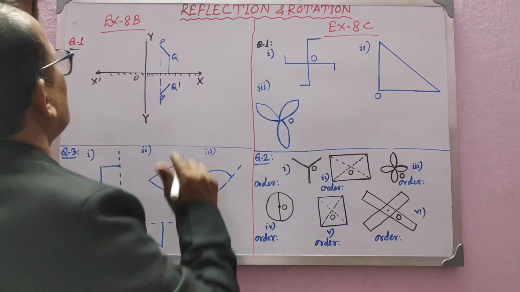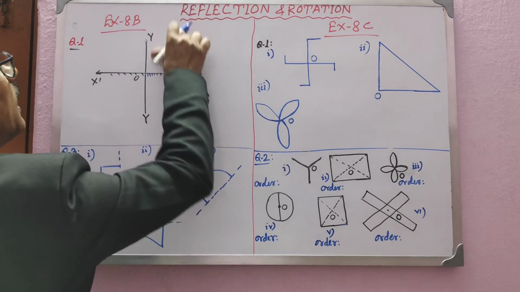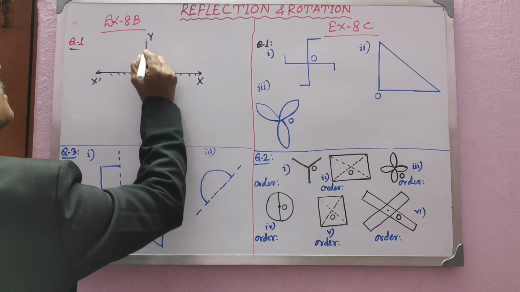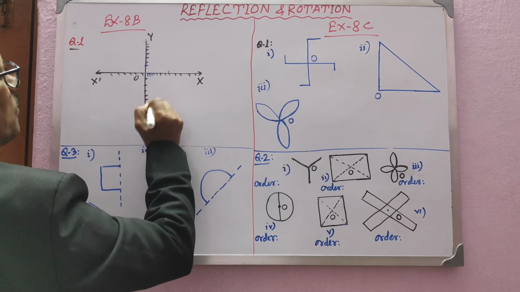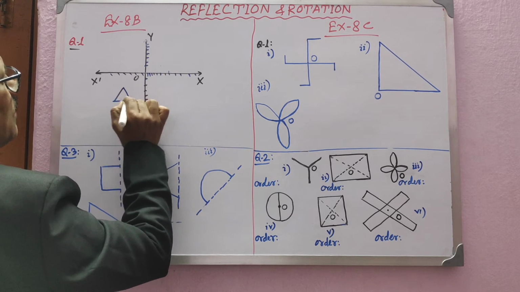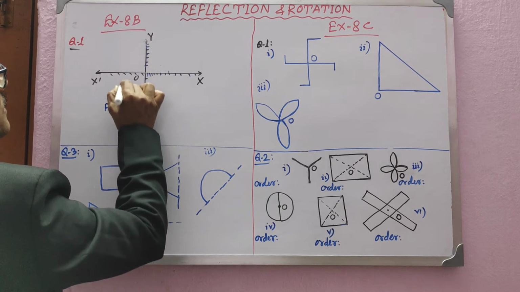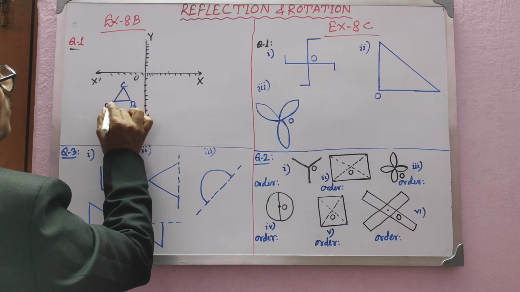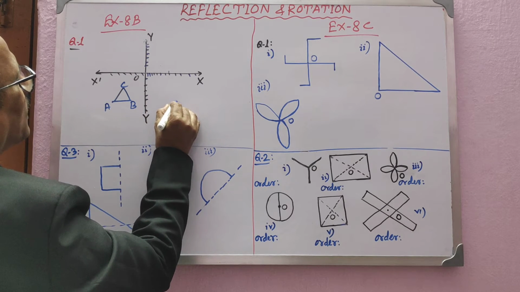Similarly, suppose you are going to do a y-axis reflection on a triangle. Let the y-axis be like a mirror. A triangle will have three points, suppose A, B and C. Point A will be as far from the y-axis, somewhere like this.